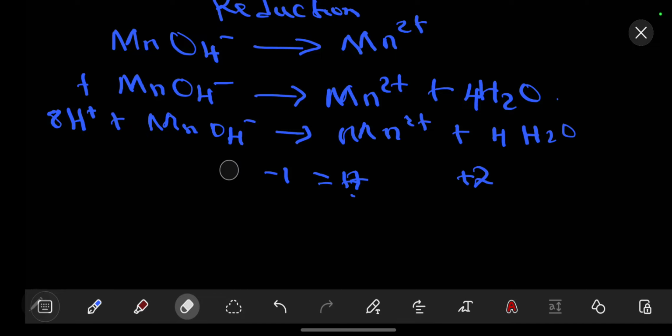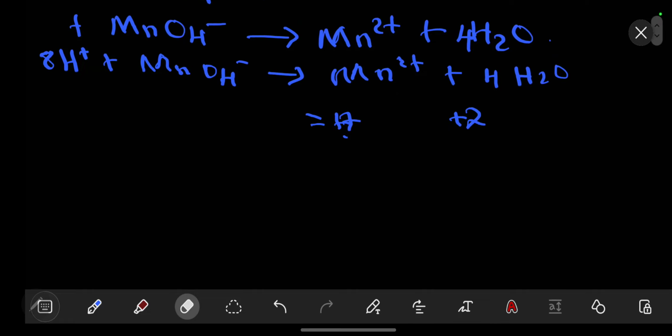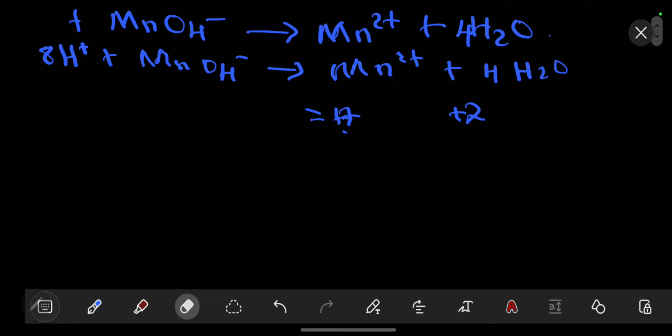There is a net positive charge of 7 on the left hand side, so I say 7 plus x, where x represents the number of electrons, should be equal to plus 2.